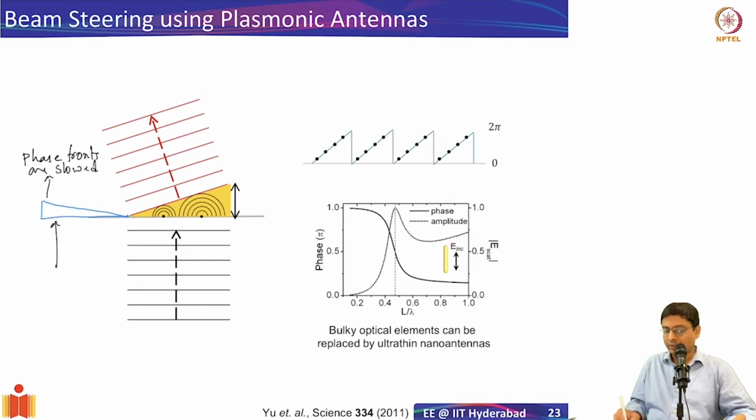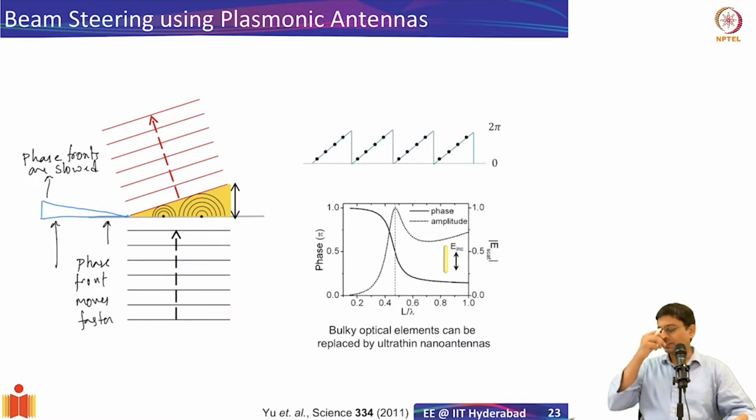The reason they are slowed down is because there is a thicker piece of glass, whereas on the other side, the phase fronts move faster. So when such a scenario happens, the overall envelope of these Huygens wavefronts will be tilted in this fashion, and then the beam bends. That is a fundamental way of thinking about it, and that's what a prism does, essentially.